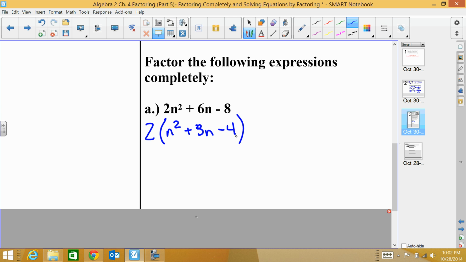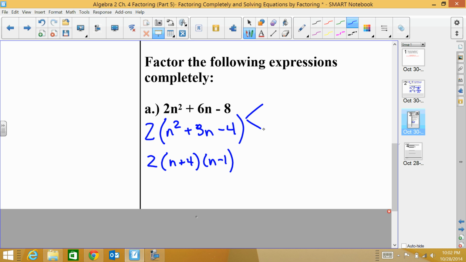So what are factors of negative 4 that add to be positive 3? So I could do 1 and 4 or 2 and 2. And if I do 1 and 4 and I make the 1 negative, then they would add to be a positive 3. So I would have 2 times n plus 4 times n minus 1.